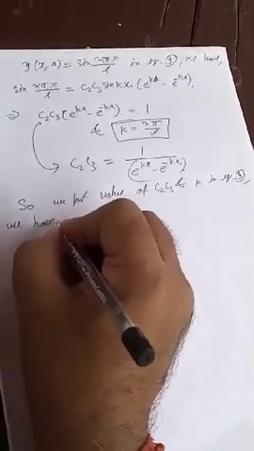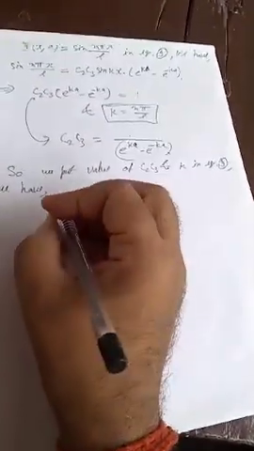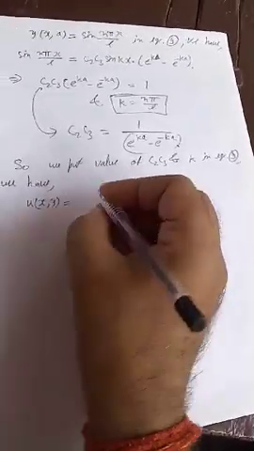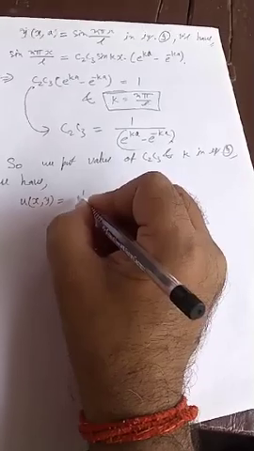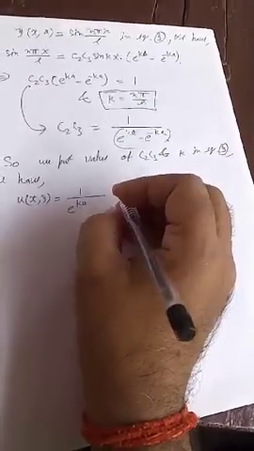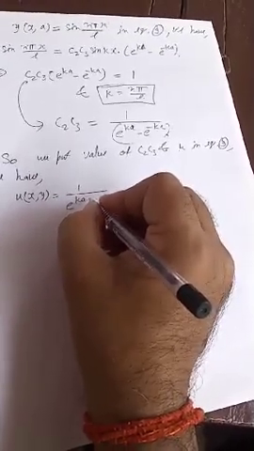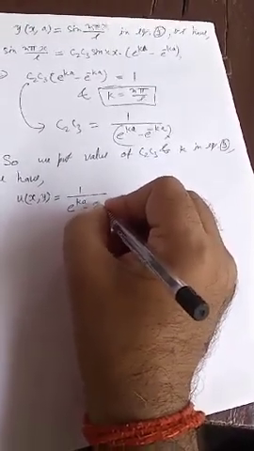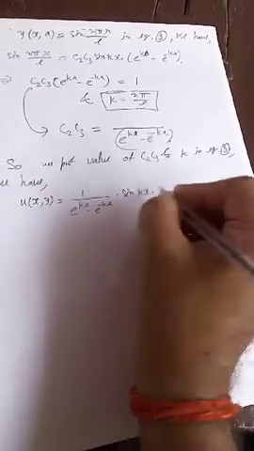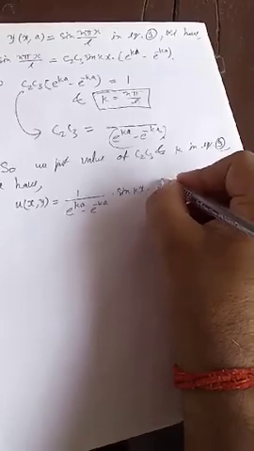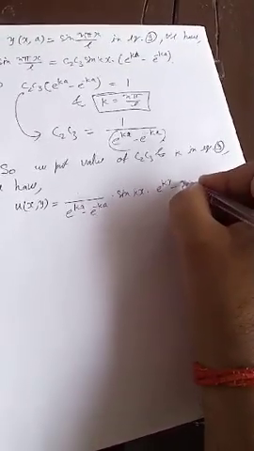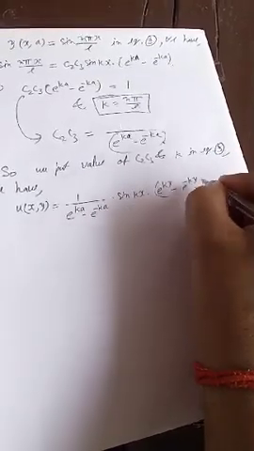In equation 9 we have u(x, y) equal to 1 upon (e^(ka) − e^(−ka)) into sin(kx) into (e^(ky) − e^(−ky)).